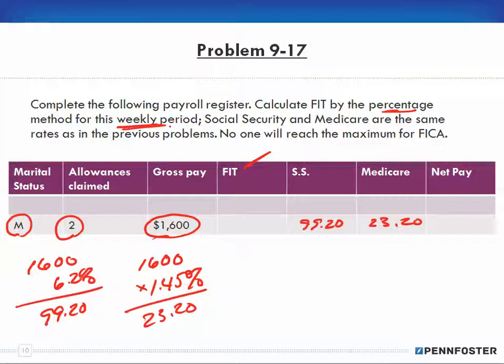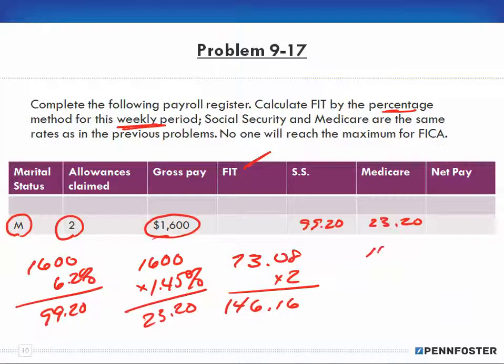Okay. And for the weekly period, the allowance using the percentage method was $73.08. He has 2 allowances, so we're going to multiply that by 2. That gives us 146.16.